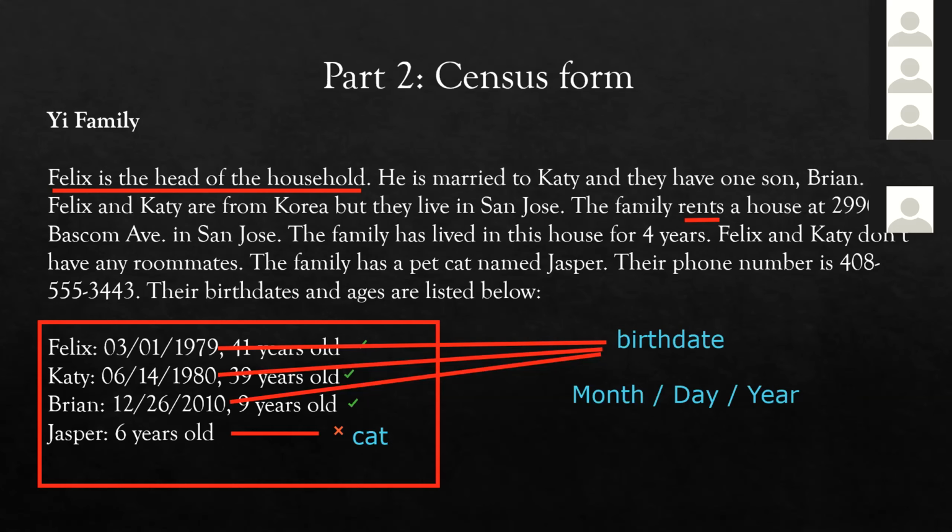So there are 3 birth dates. There is one for Felix, one for Katie, and one for Brian. But the question is, when is the head of household's birthday? And here you see 3. 3 is the month. 3 is March.